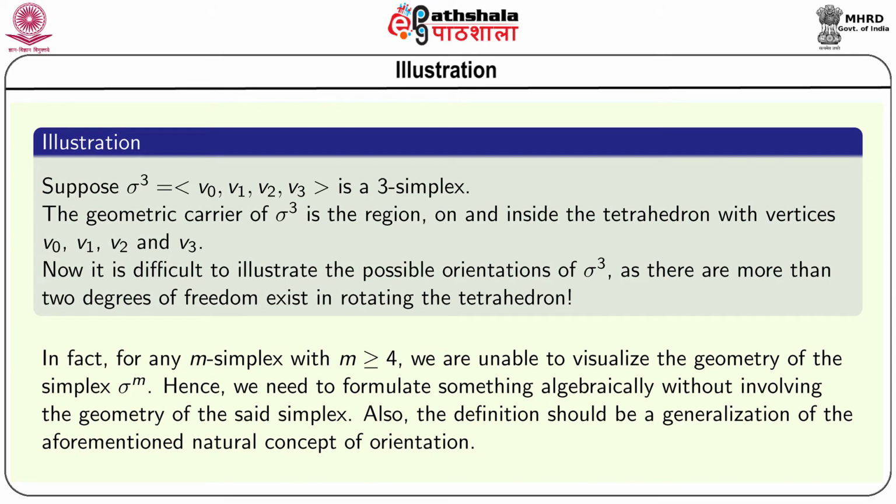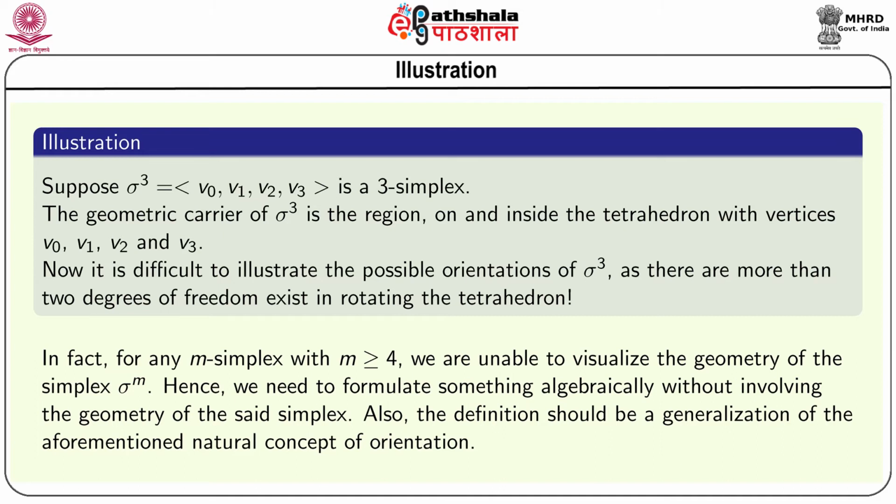Third illustration is with sigma 3 as V0, V1, V2, V3, the tetrahedron, the three simplex. Now, if we take sigma 3 as V0, V1, V2, V3, then it is difficult to illustrate the possible orientations of sigma 3, because there are more than 2 degrees of freedom in rotating the tetrahedron.